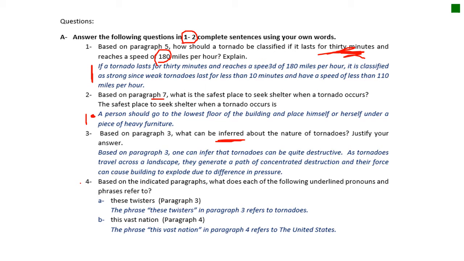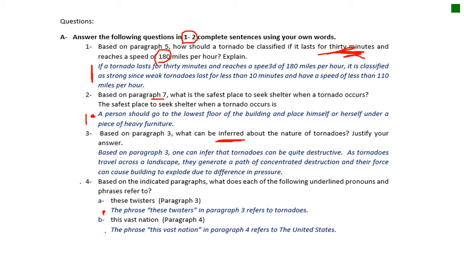4, based on the indicated paragraphs, what does each of the following underlined pronouns and phrases refer to? These twisters, obviously. This is how I want you to write it, please, in a complete sentence as we are used to. The phrase, these twisters, in paragraph 3 refers to tornadoes. B, this vast nation.